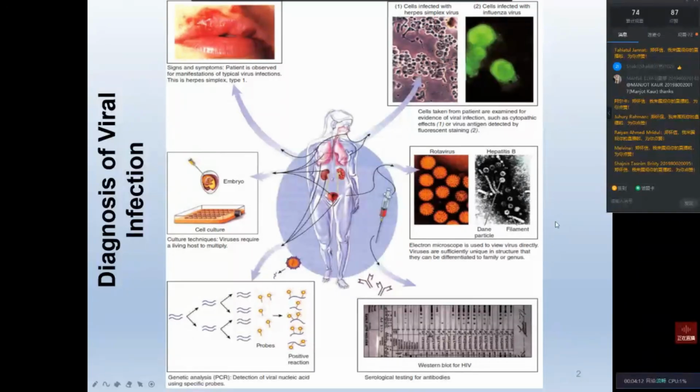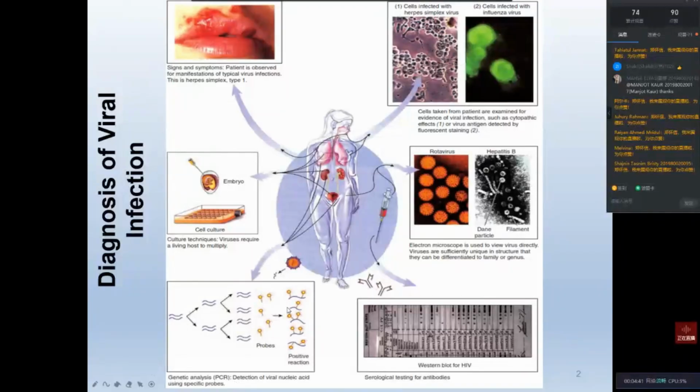And first things first, we need to collect a specimen from your patient. We need to decide where to collect the specimen. After you see the specific disease symptoms, you can decide the location, the part of the body to collect a specimen, whether it's blood, some infection site fluid, or something else.